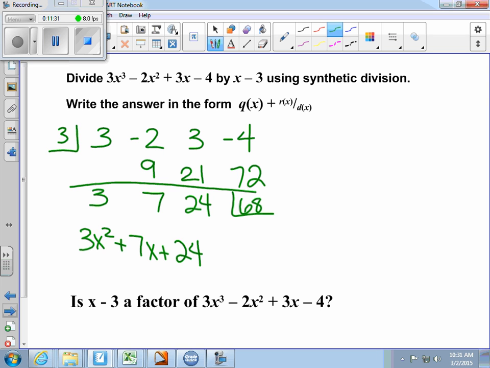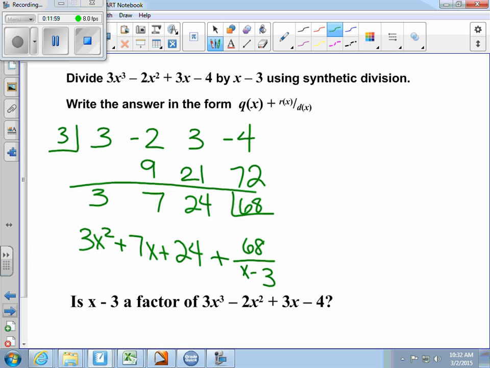Now, normally I'd put R68. It told me to put 68 over the divisor, which is x minus 3. The only reason you'd write it that way is because it told me to. Otherwise, you could just do R.